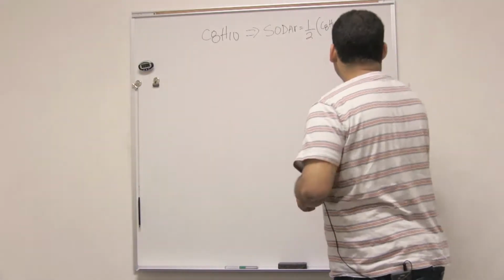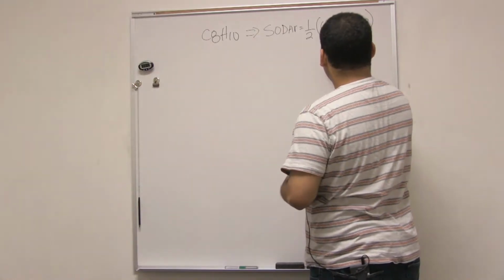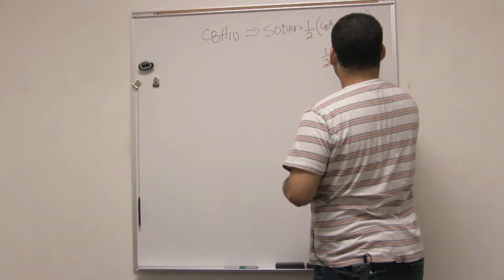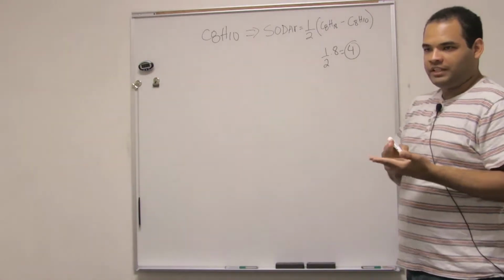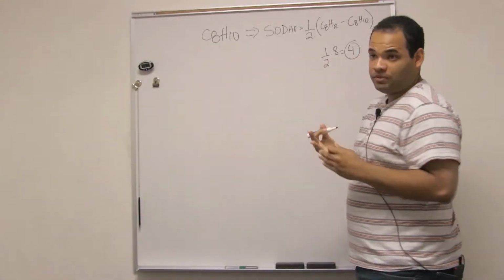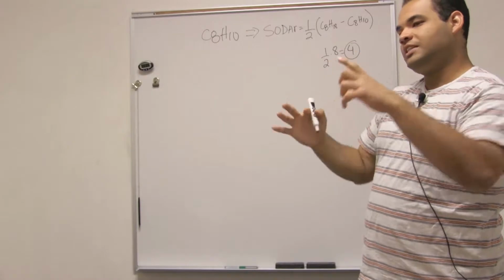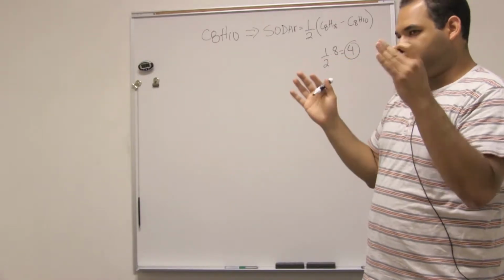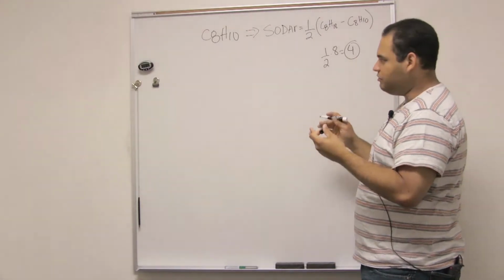So then I say 1/2 times 8 equals 4. So this 4 could be 4 rings, 4 cyclics, could be 4 bonds, or it could be 3 bonds and 1 cyclic thing. It could be a bunch of stuff, but we need to have a combination that gives me 4.